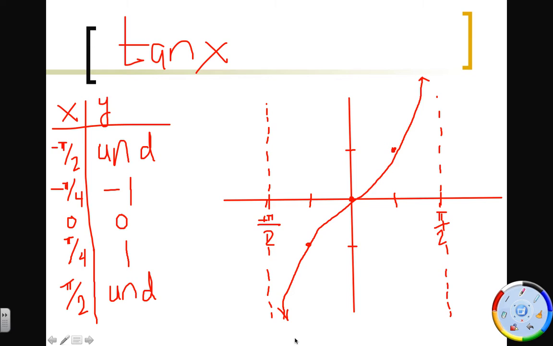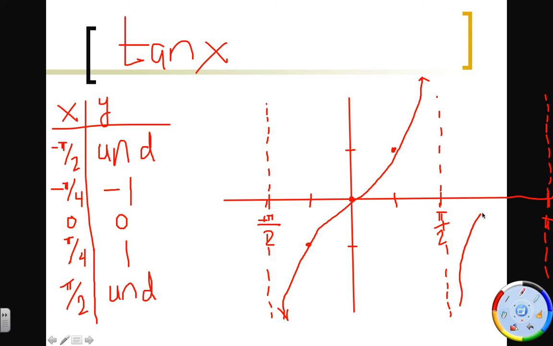I might even suggest that you graph this on your calculator and look at this. You'll notice that this is not the only piece of the graph. Things continue to happen to the right and to the left. If I went out another pi halves, so if this was pi, I'd have another asymptote out here. I know I'm right up along the side here, but you get the idea.